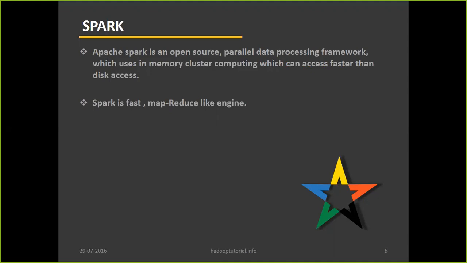But the difference is it uses in-memory cluster computing, which can be accessed faster than disk access. That's the only difference. Spark is fast, and like MapReduce, it's a processing engine.